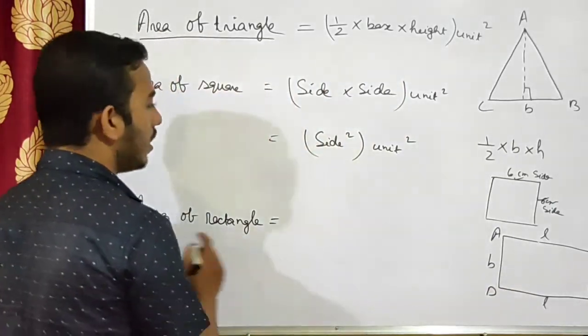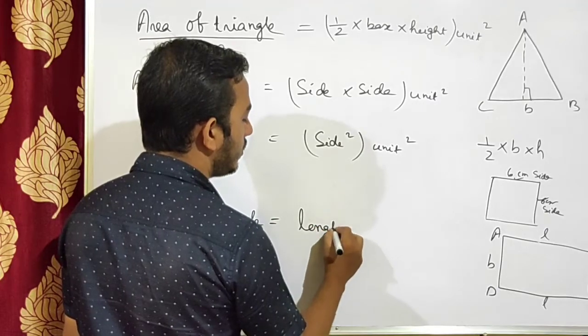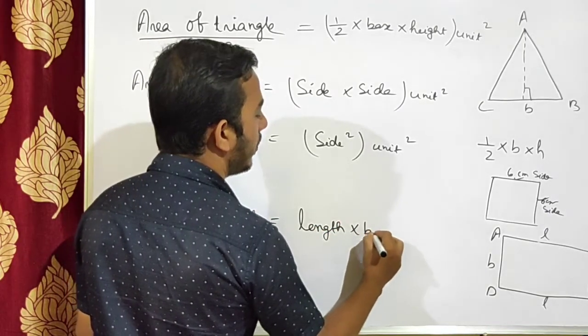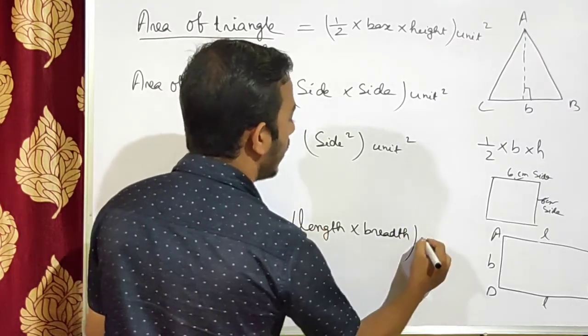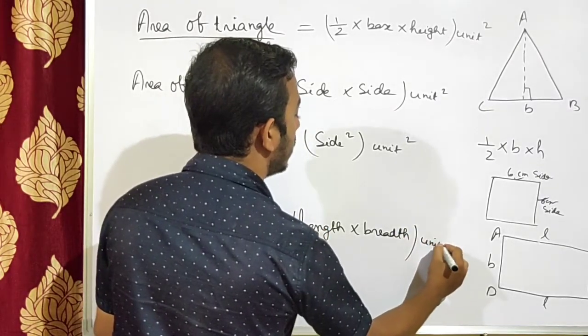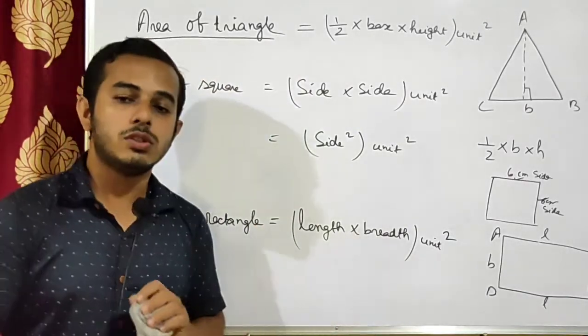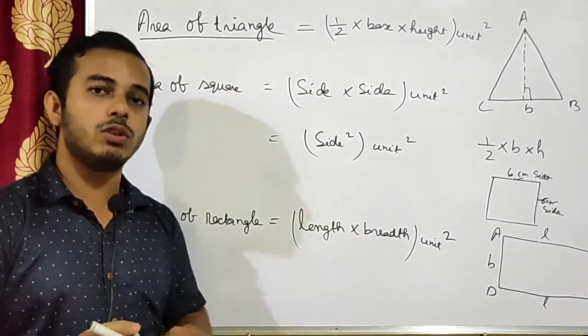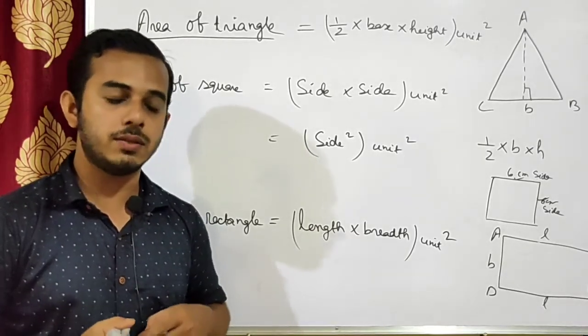Clear? So the area of a rectangle will be length into breadth, in unit square. I hope this is clear to you. It will be more clear when we solve the problems. So let's start our exercise 16.3.